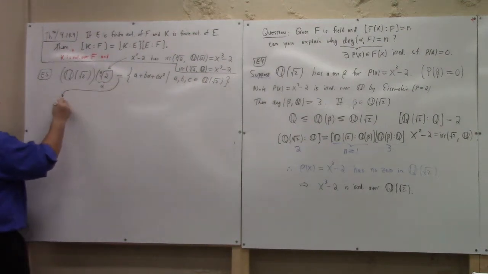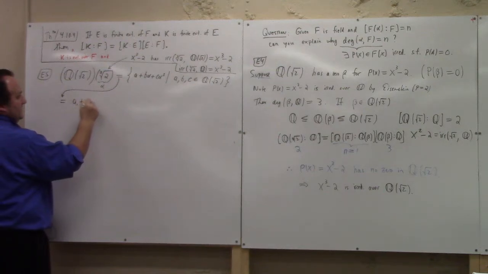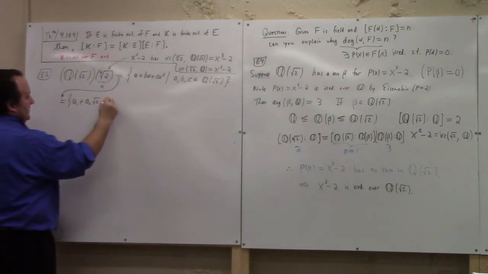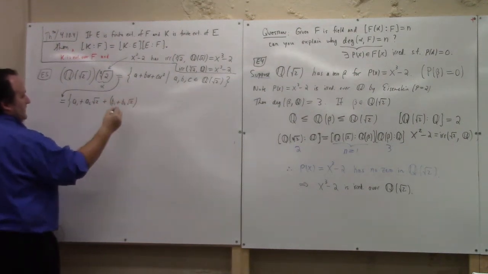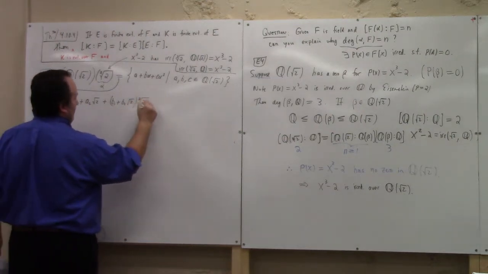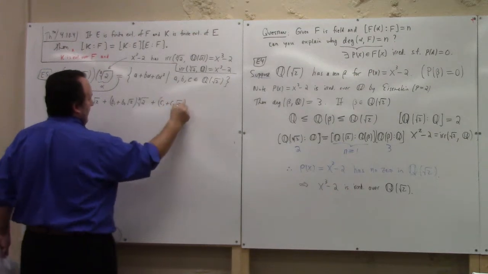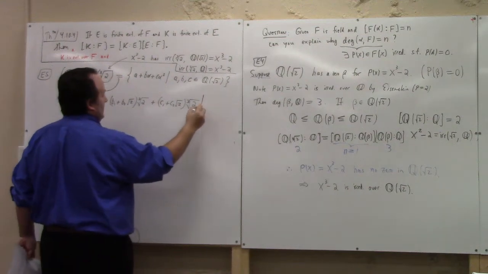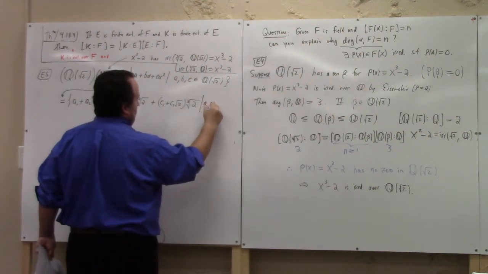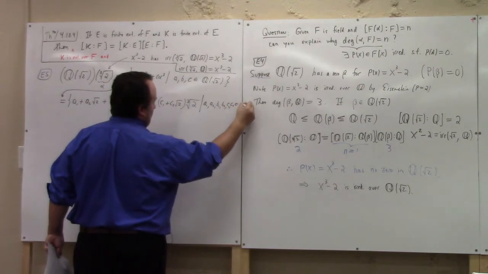And so what does that actually look like? a has the form a1 plus a2 root 2, and b has the form b1 plus b2 root 2, all times alpha. What's alpha? It's the cube root of 2. And then plus c1 plus c2 root 2 times the cube root of 2. So this is what it looks like in gory detail. Here a1, a2, b1, b2, c1, c2 are elements of the rational numbers.